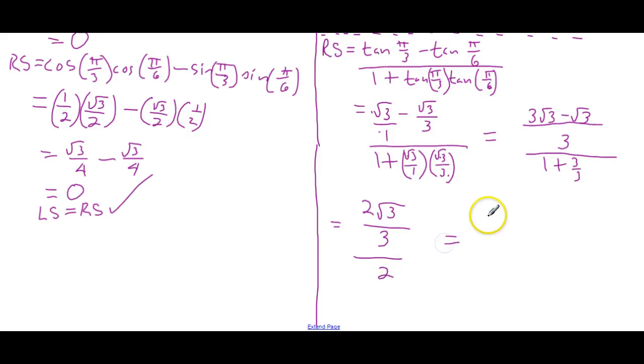Okay, sure. So we'll write that as 2 over 1. Let's make it a complex fraction too. So we get 2 root 3 over 3 times, and we're going to flip this guy, right? 1 half. Okay, 2 cancels. And we're left with root 3 over 3.